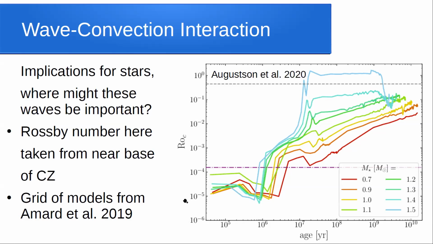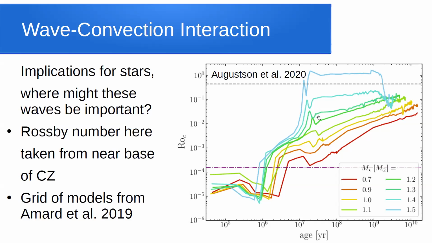Here we're in the pre-main sequence, typically very rapidly rotating and transitioning towards the zero age main sequence. When you're super rapidly rotating, you're in a regime where these waves may not have as much flux as you might expect. But as you age just slightly, you can move into a regime where they start to become more important for transport processes.